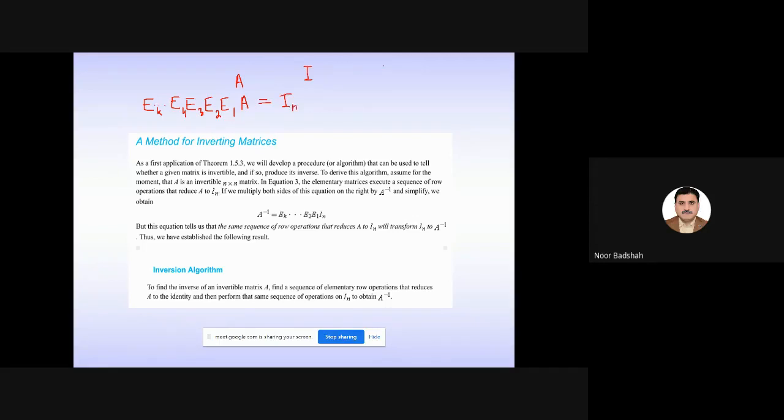As I said earlier, we augment a matrix A with corresponding identity matrix, and then we convert this into reduced echelon form.